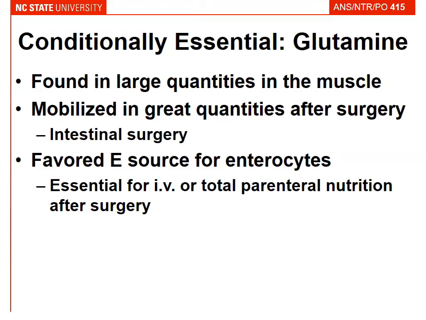So we put glutamine in the IV for these people. In addition, if you know anybody that happens to have total parenteral nutrition where they're being fed through their IV, we also provide glutamine for them. So any of these traumatic instances, glutamine becomes essential.